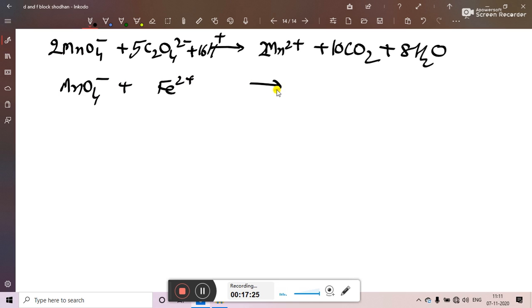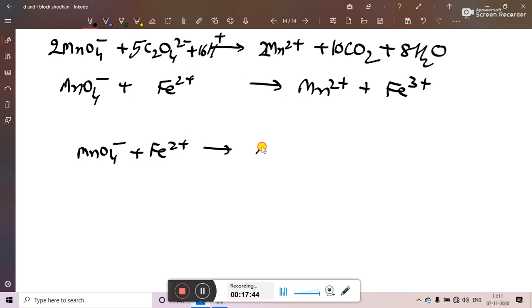Permanganate ion in acidic medium is always getting converted into Mn2 plus, and ferrous ion will get converted into ferric ion. So here again by redox only you have to balance the equation. MnO4 minus plus Fe2 plus gives Mn2 plus and Fe3 plus.